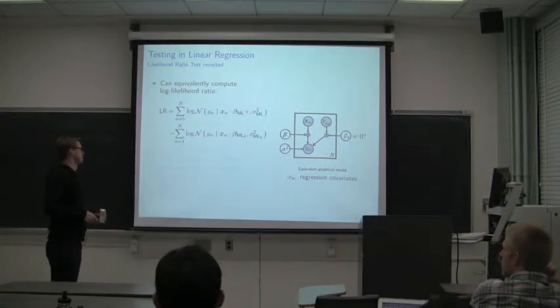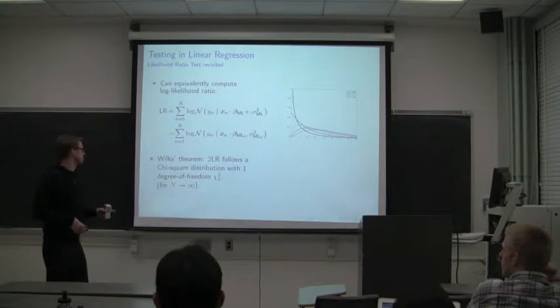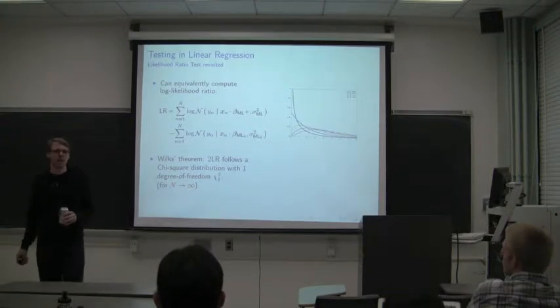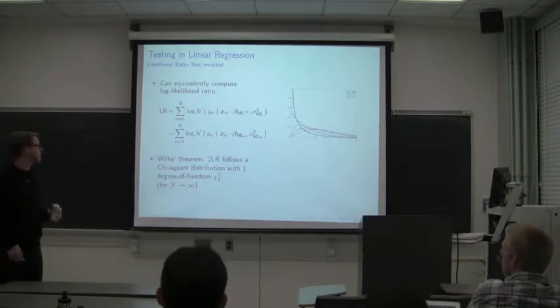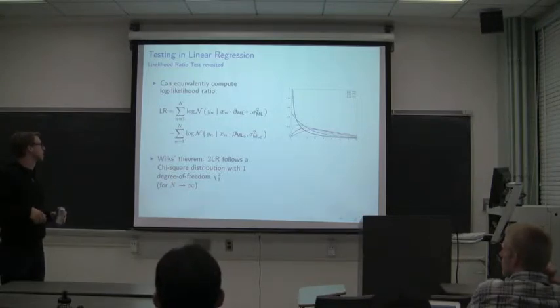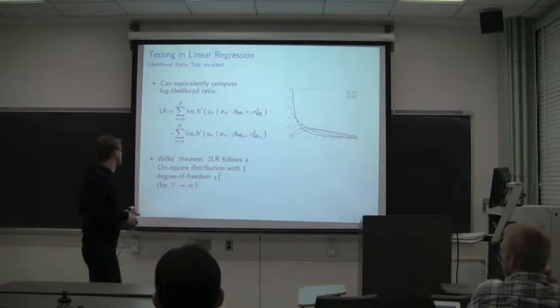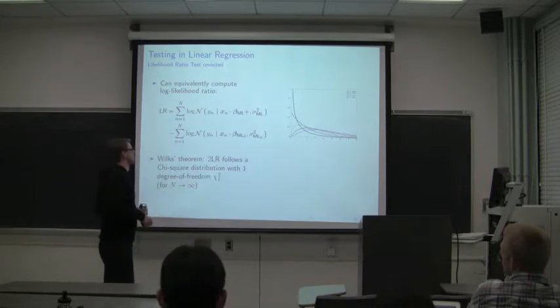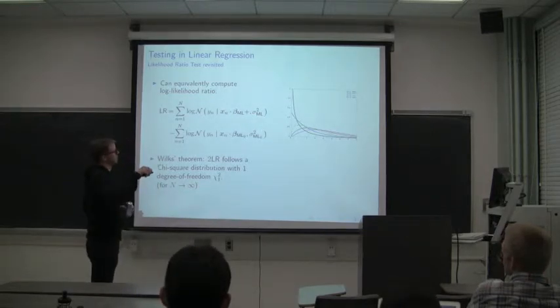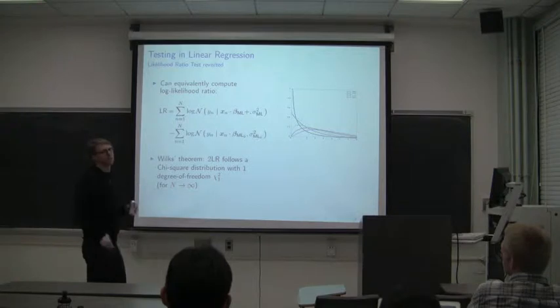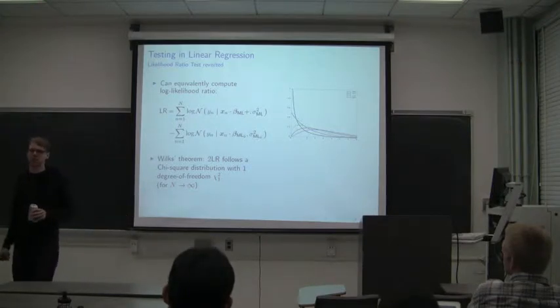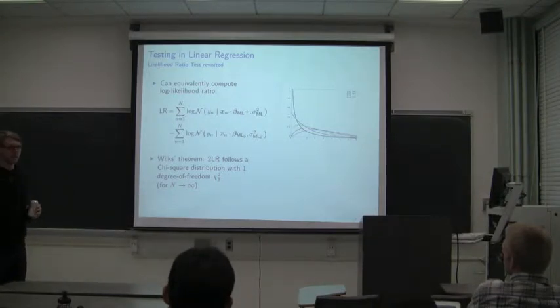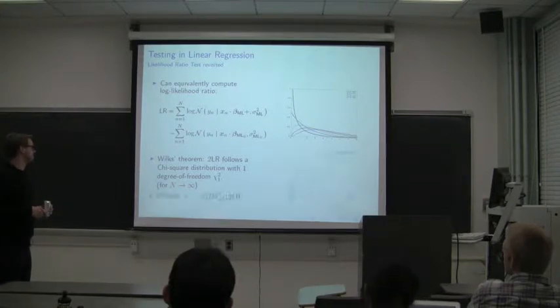And Wilks' theorem shows that for large sample sizes, 2 times the log likelihood ratio follows a chi-square distribution with 1 degree of freedom, where the degrees of freedom are given by the difference of the number of parameters between these two models, which is 1 in this case, because only one value can move freely and is estimated by maximum likelihood.